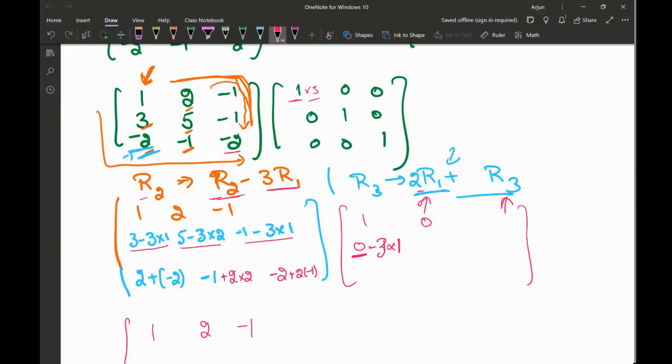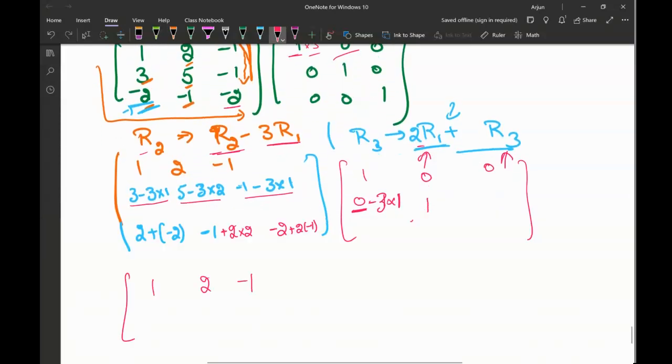Okay, 0, 0, and then the next step. This is 0, so this is going to stay as 1. This is 0, so there won't be any hindrance to this one also.